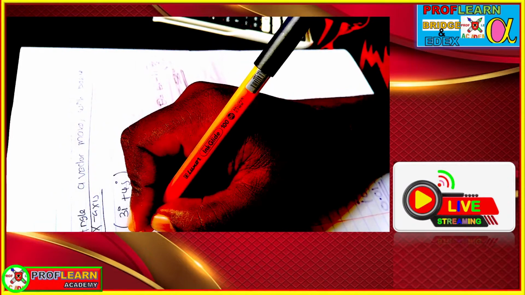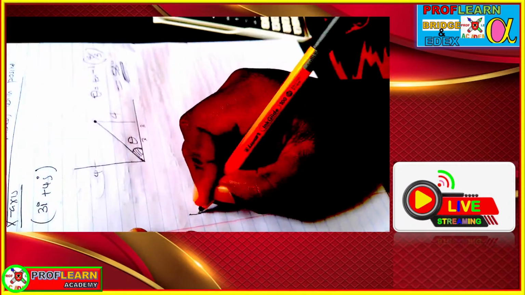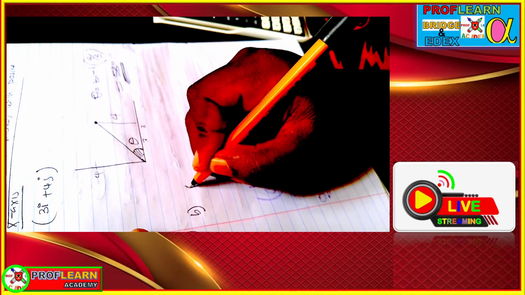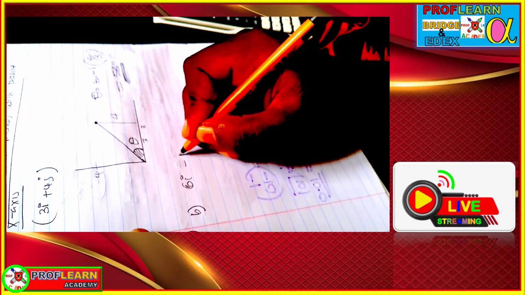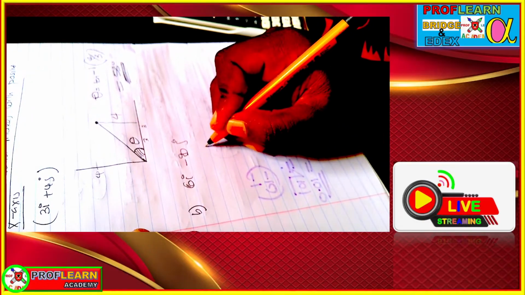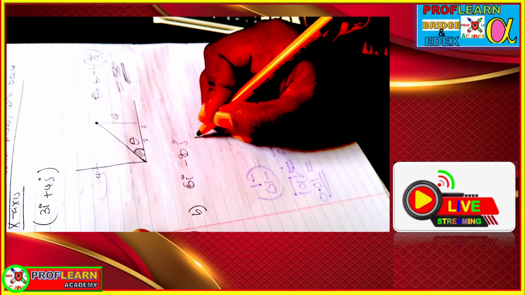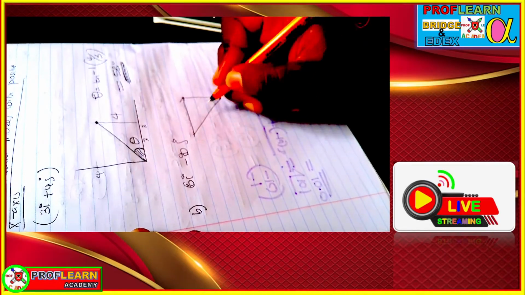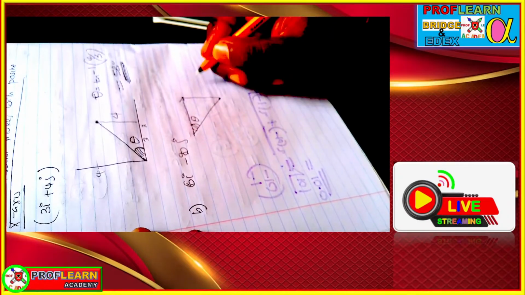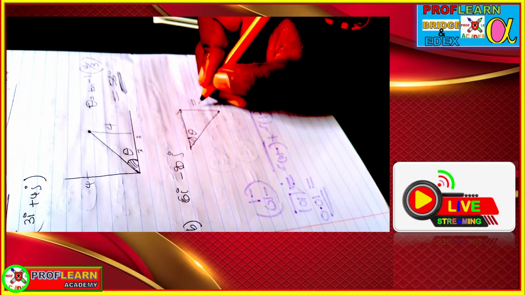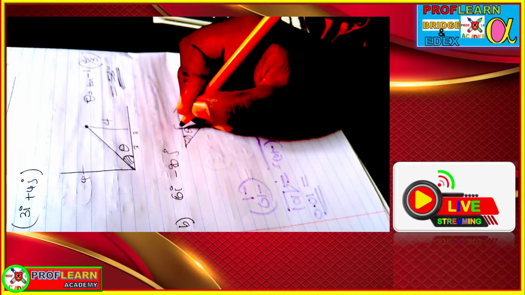This is part A. Part B, 6i minus 8j is going to be positive x-axis theta, (6, -8).